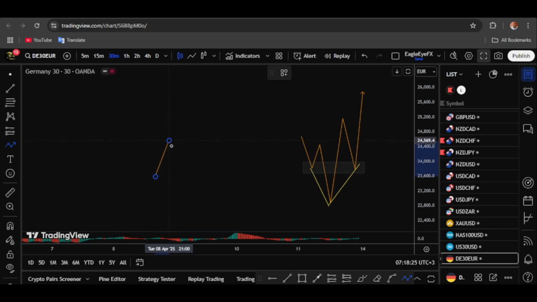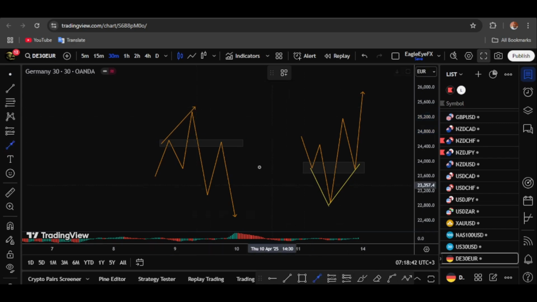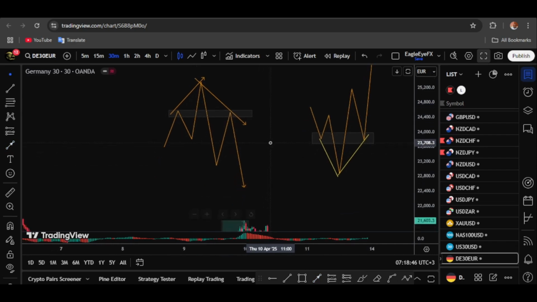Same thing with the sell trade. We want to see a break of structure, change of character, the market comes back, then we find our entry and we are inside the market. Here we are looking for a regular bearish divergence, or if it's this level over here, we are looking for a hidden bearish divergence.